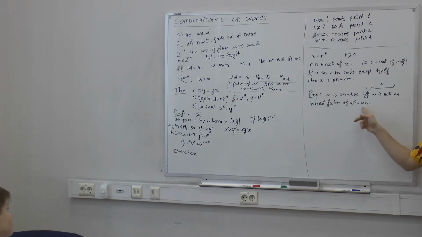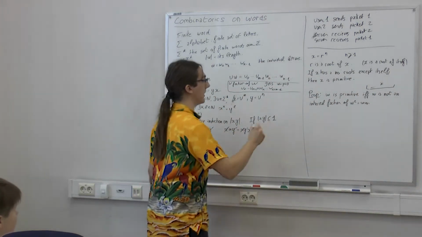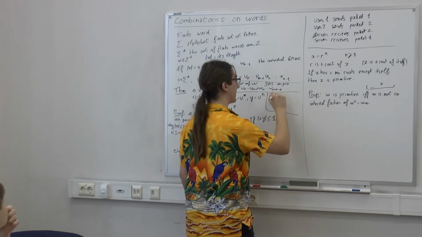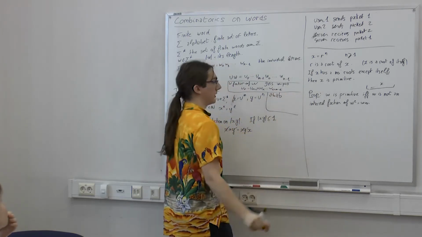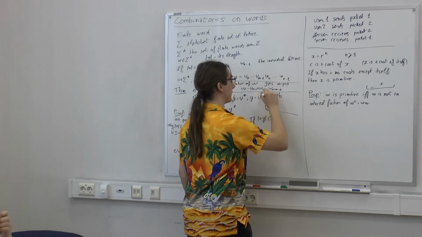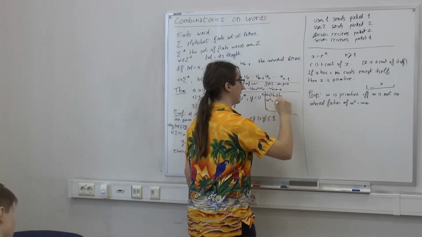If you have no other copies of w inside here, then w is primitive. And on the contrary, if you have some other copy of w here, then it won't be primitive. So you can try with examples. You write AB somewhere, just to try it. So this would be my w. W square would be ABAB.